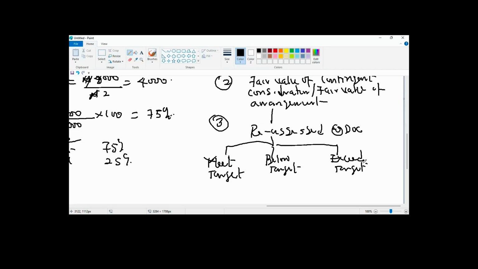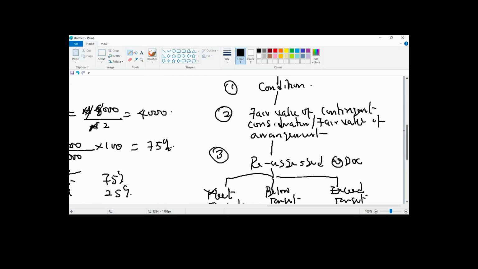How will I know it's a contingent consideration? First one is the condition. Have you not seen somebody say, I will marry you if I give you a baby? What is the condition?